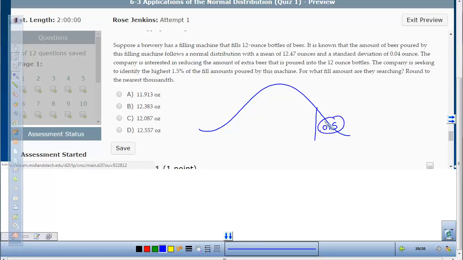Since X equals volume, higher volumes would be on the right. I need to figure out the z value that separates this upper 1.5% from everything else. Everything else is going to be 1 minus 0.015, or 0.985. And so we want to do inverse norm.